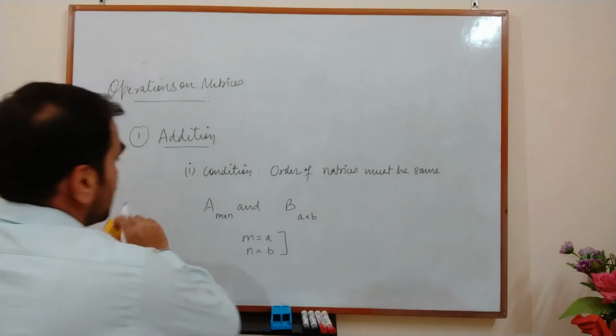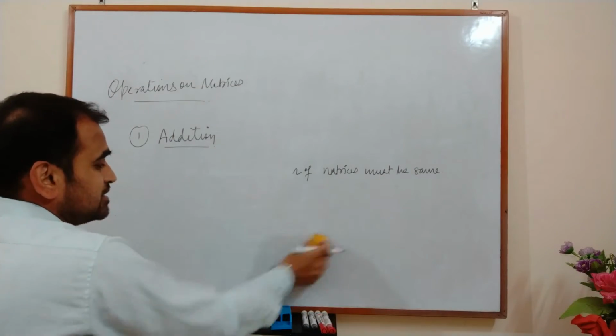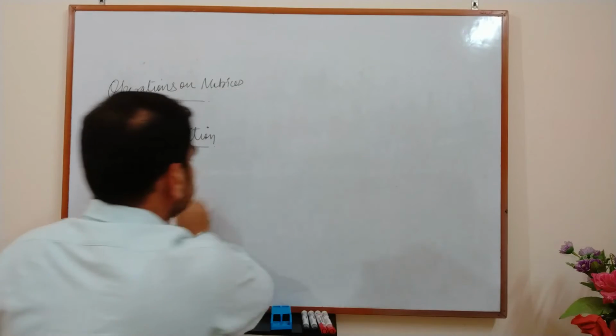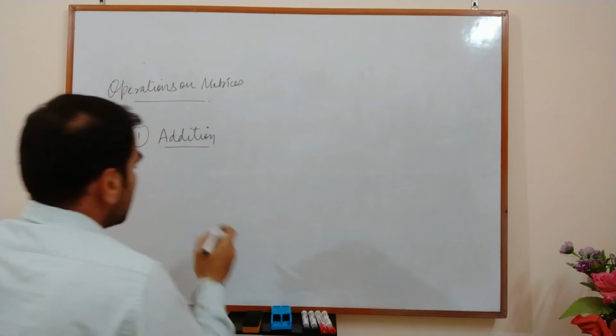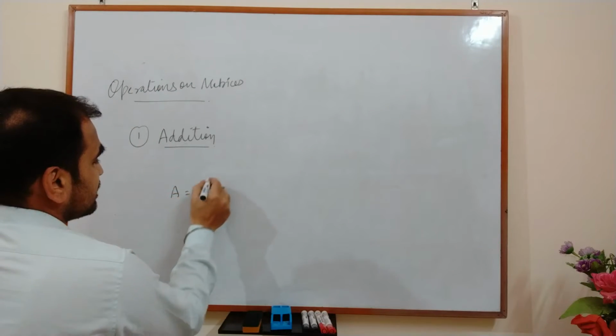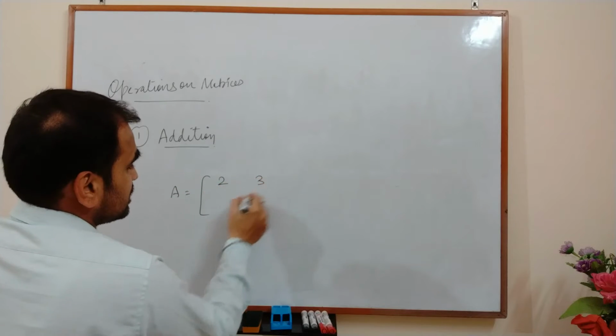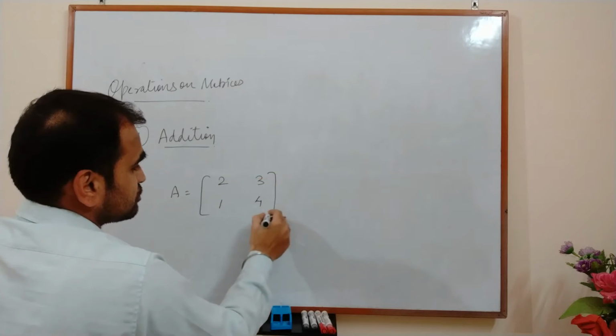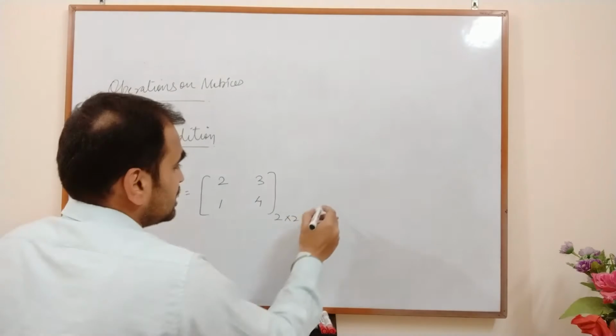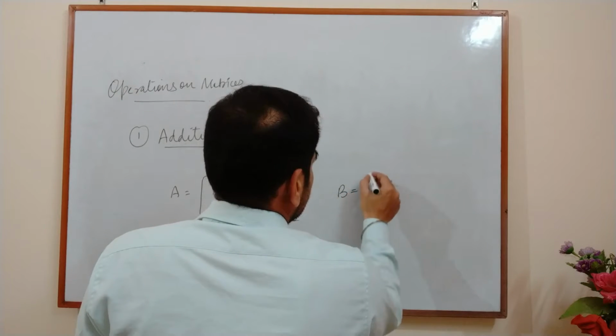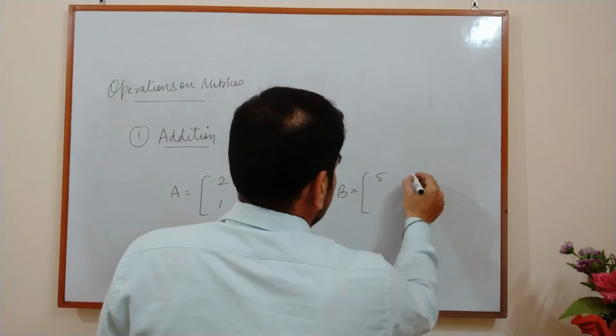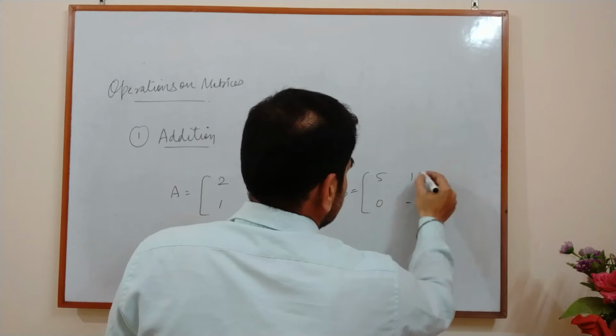Okay, for example, how to add? It is very easy. Suppose matrix A has the elements 2, 3, 1 and 4, a square matrix of order 2 cross 2. There is another matrix B of the same order with elements 5, 1, 0 and minus 1.